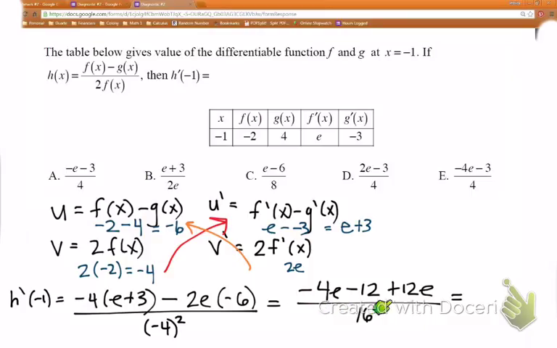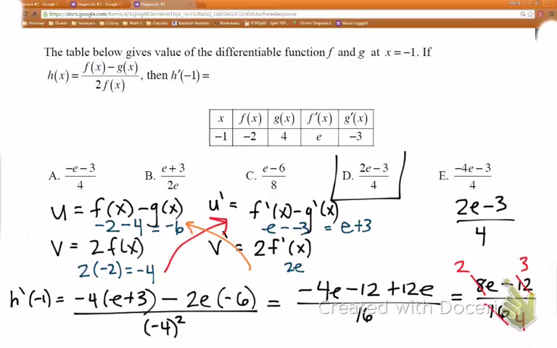So if I combine like terms, -4e plus 12e is 8e minus 12, all over 16. And then notice that all of these terms have a 4 in common, so I can divide all of them by 4. So 8 divided by 4 is 2, 12 divided by 4 is 3, and 16 divided by 4 is 4. So when I rewrite this as my final answer, I get 2e minus 3 divided by 4, which is D.